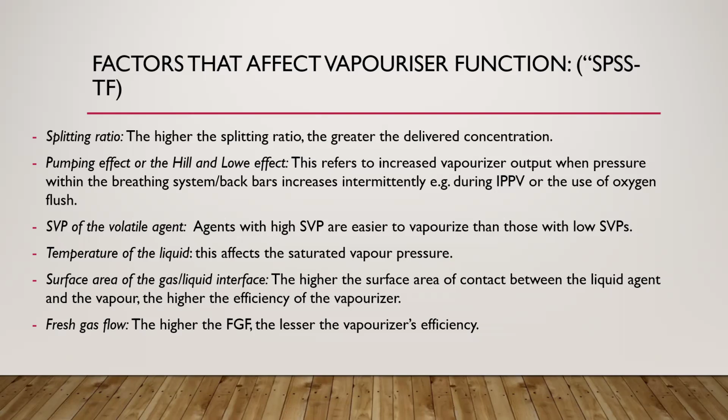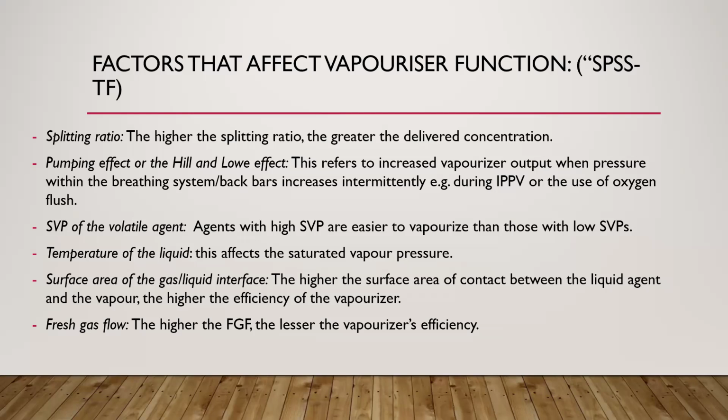Most vaporizers have a specific splitting ratio according to the manufacturer's design. But sometimes when you turn the control knob, you can increase the splitting ratio. What it means is that you are making more fresh gas flow over the liquid anesthetic agent in the vaporizing chamber, and that would increase the delivered concentration to your patient.